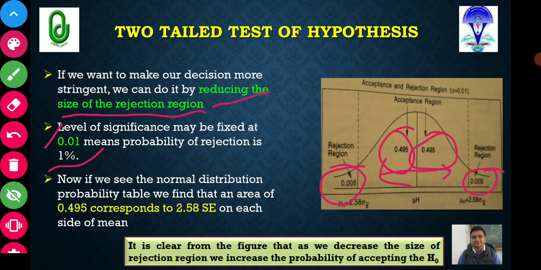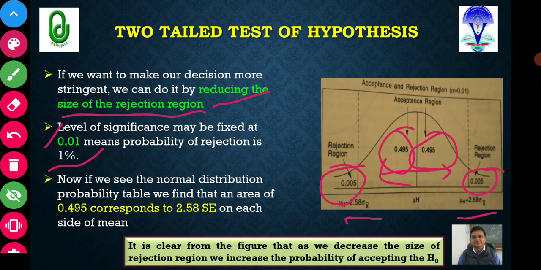The value for 1%, if you remember, was 2.575. Here it has been taken as 2.58. So 2.58 into the standard deviation of the mean is the point beyond which we will be rejecting the null hypothesis.